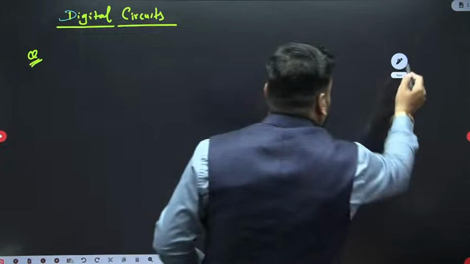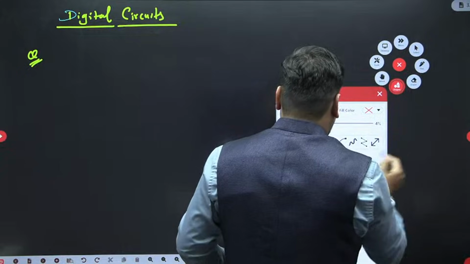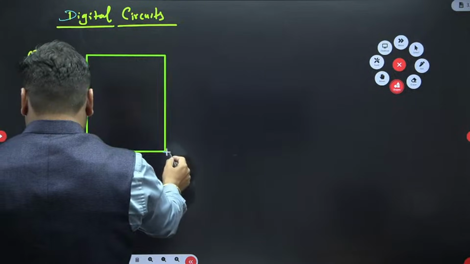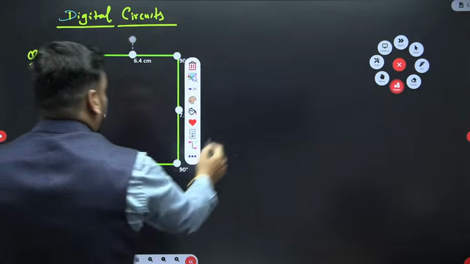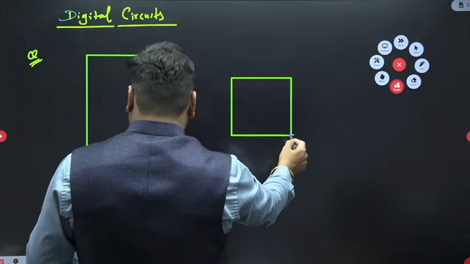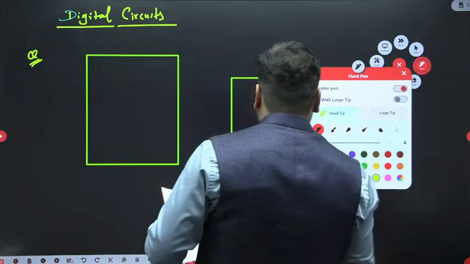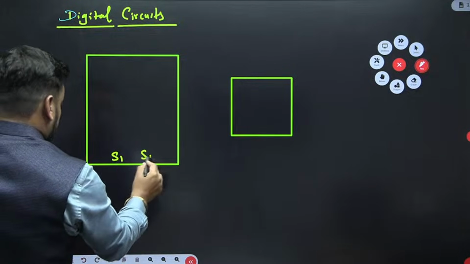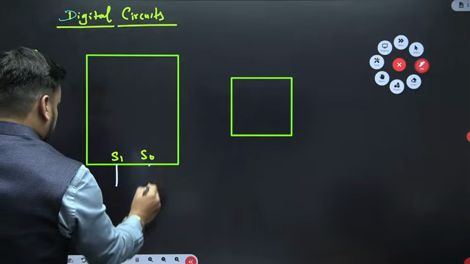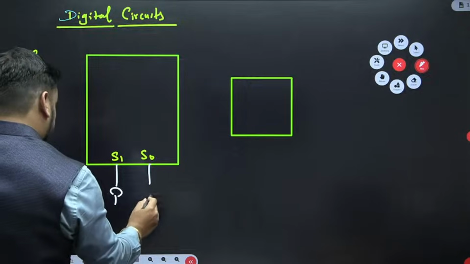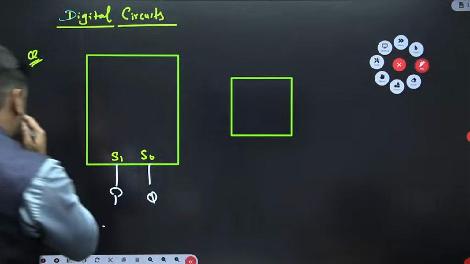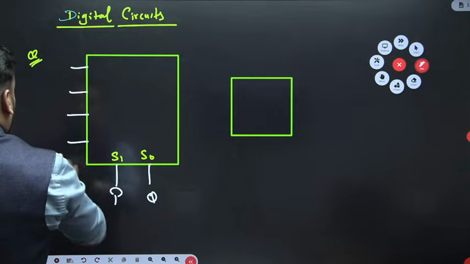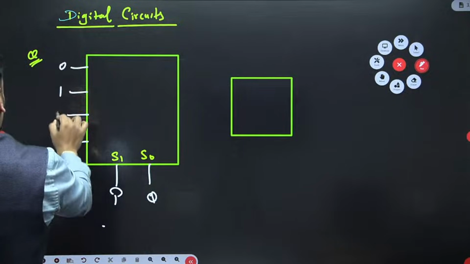What is the examiner asking? The examiner is asking for the final output. A multiplexer diagram is given to us: a 4 cross 1 multiplexer, and just after that, in cascade, a 2 cross 1 multiplexer. Here S1, S0 are the selection lines, where we have the selection inputs P and Q, and the data inputs are 0, 1, 1, 0.